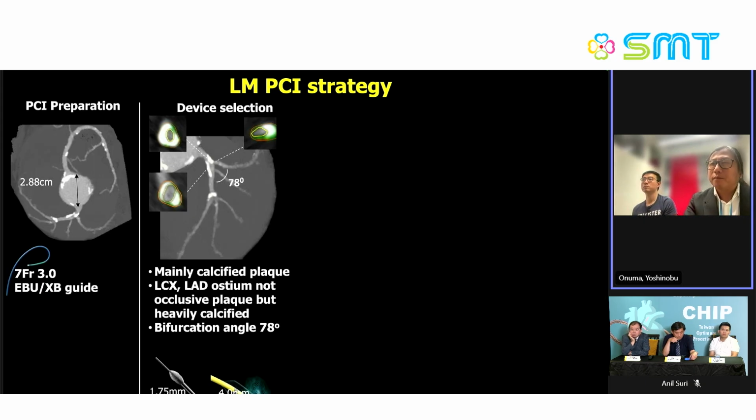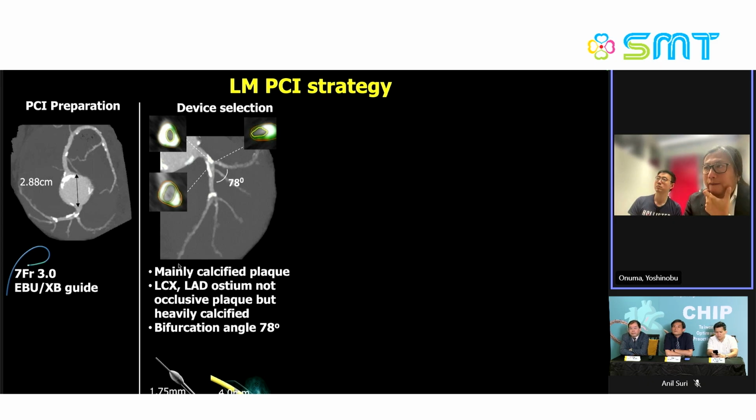And the planning was the following. For the selection of the catheter, we can use a 7 French 3.0 EBU or the XB guide as your preference. We need an adjunctive therapy device because in the cross section, the extension of the calcium is greater than 270 degree.